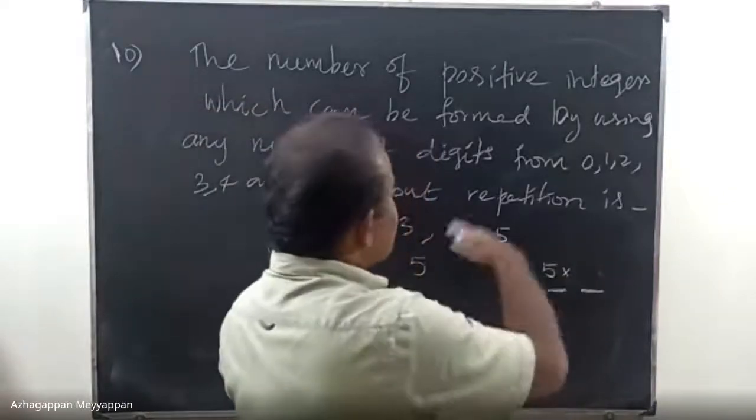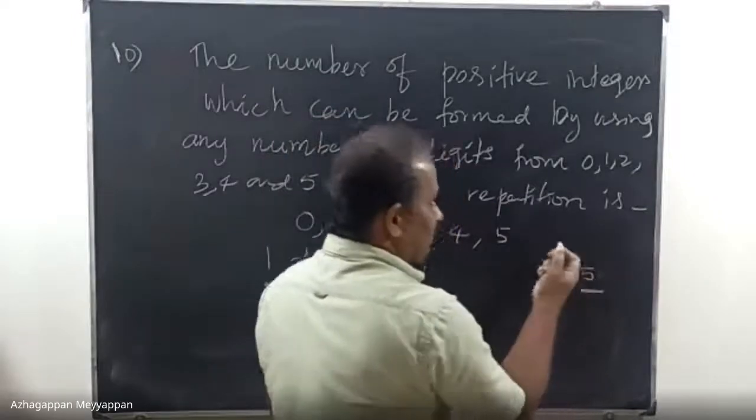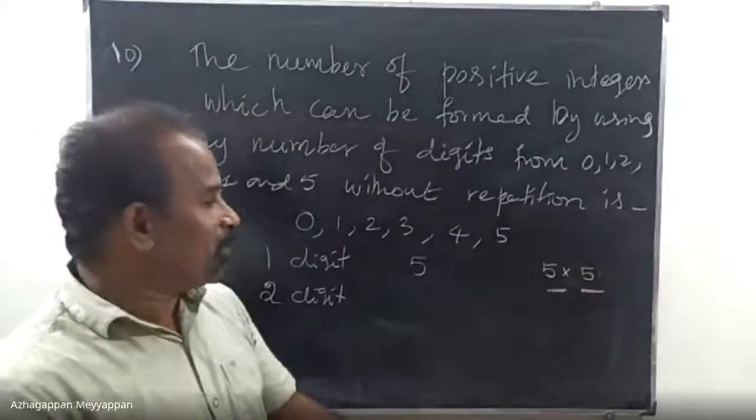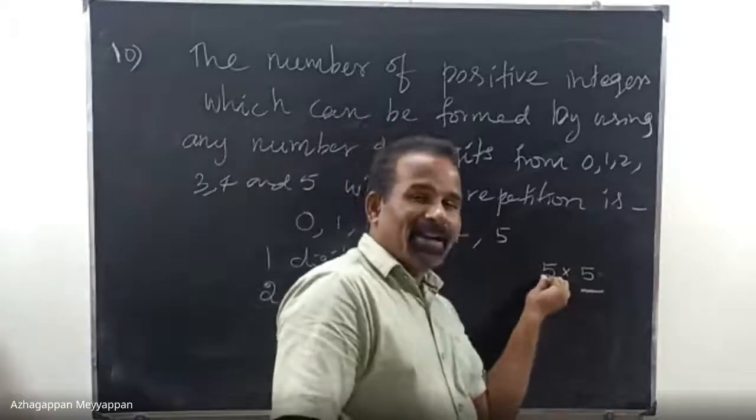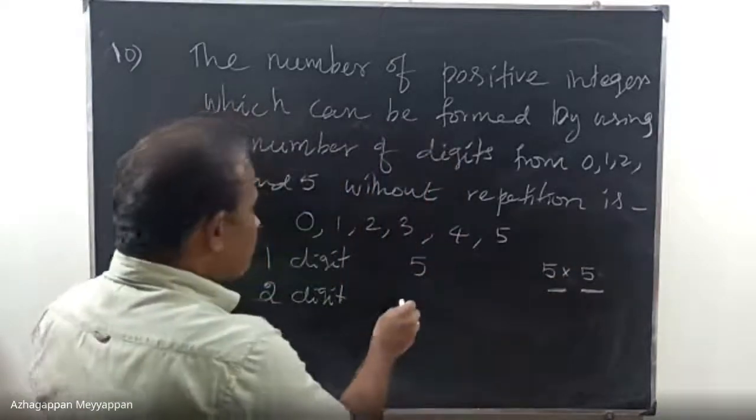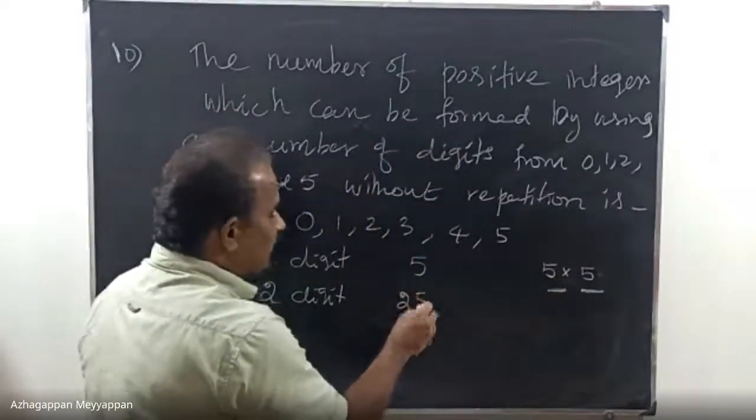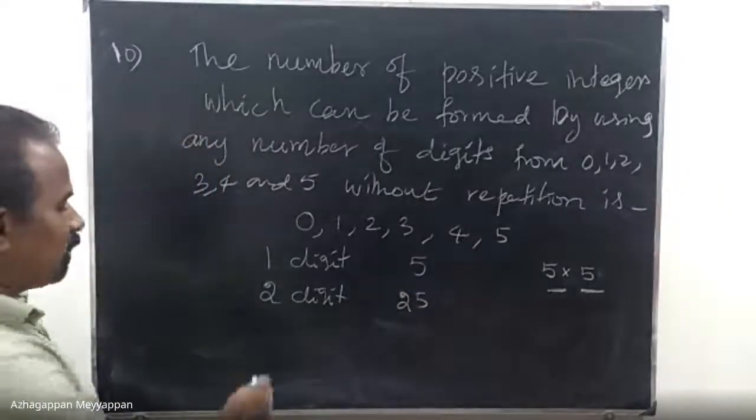But without repetition, only 5 possibilities, because one number has already appeared. Therefore, there are 25 two-digit numbers.